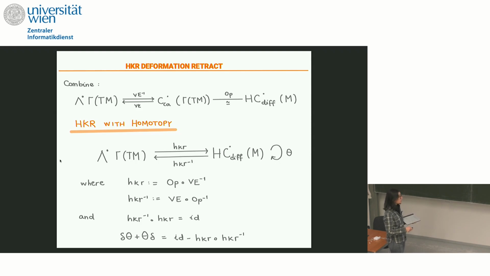This is new. So this is the quasi-inverse. And the homotopy, I didn't write it down, but okay. You can again compute it by using the technology I showed you before, the Van Est retract, essentially. So also in kind of an easy way.